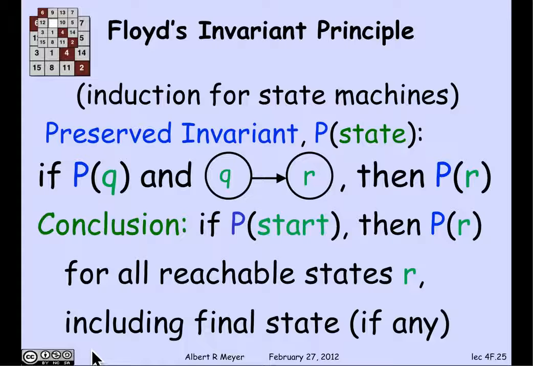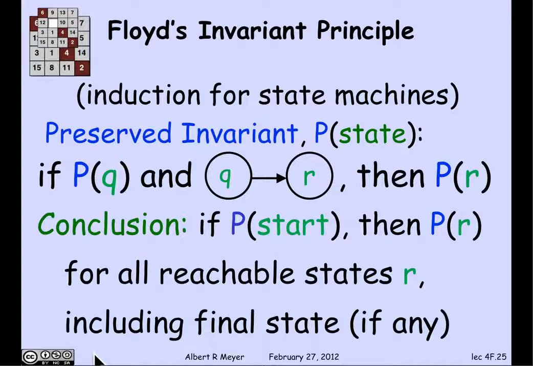And incidentally, we're using the word preserved invariant to distinguish the definition here from another usage that's co-opted the word invariant to mean a property that's true in all states. And while it's nice to know that some property is true in all states, the way you prove that is by having a preserved invariant. So you want to distinguish the two.